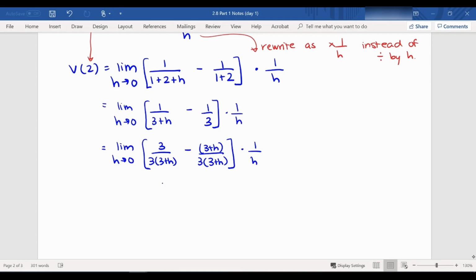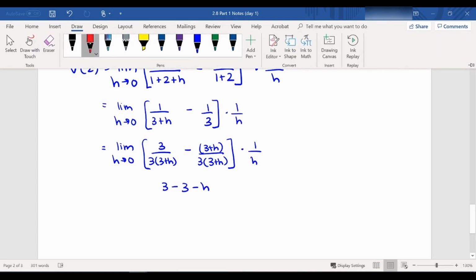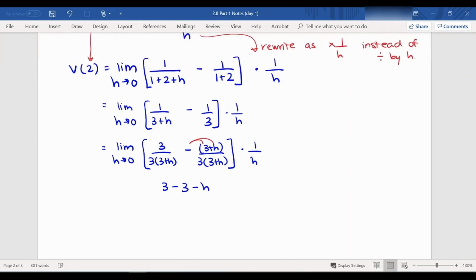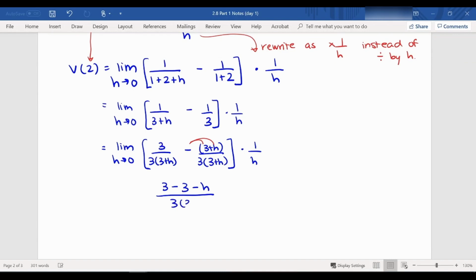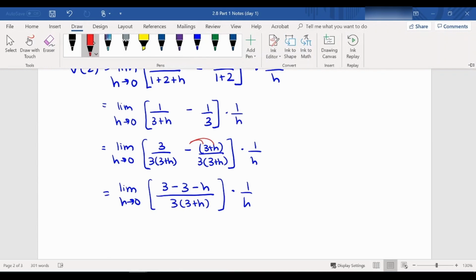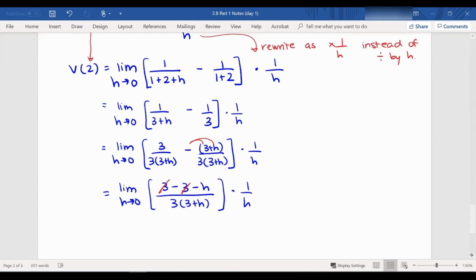So if I do this, I get 3 minus h if I expand the brackets. And I can write this as one giant fraction. My 3's on the top will cancel out.